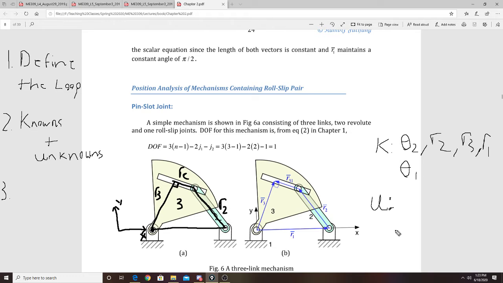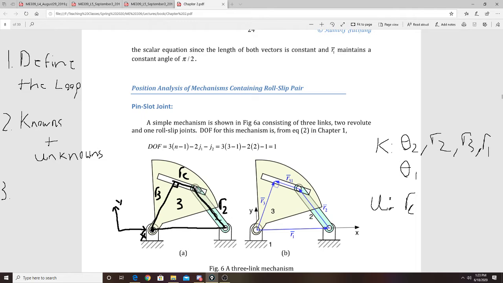So what is left then? What do we got left? RC is correct. So RC is unknown. And the reason why it is unknown is because as this thing moves further or back, RC is going to get bigger.